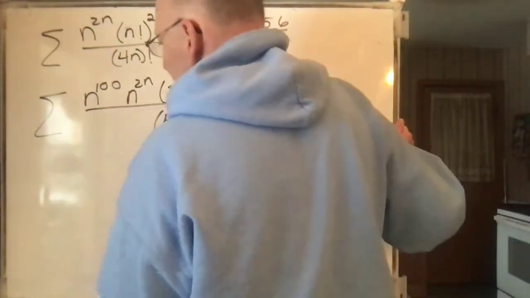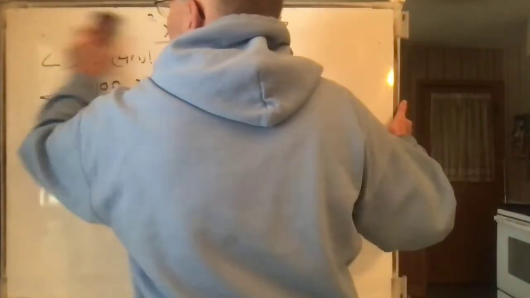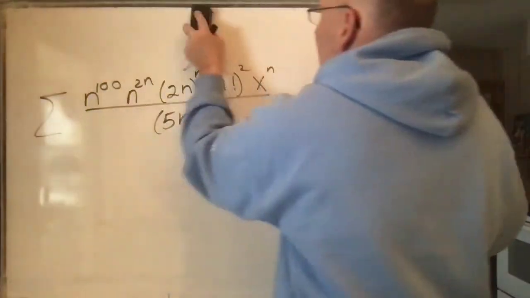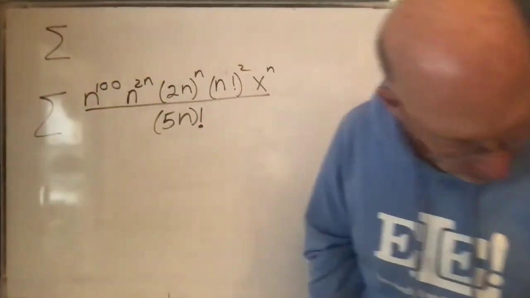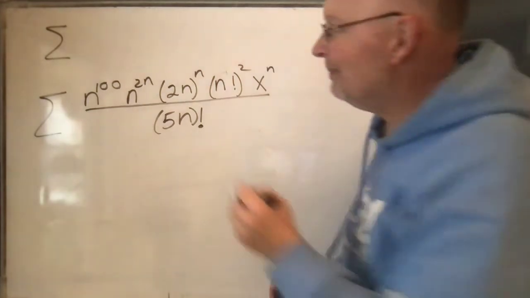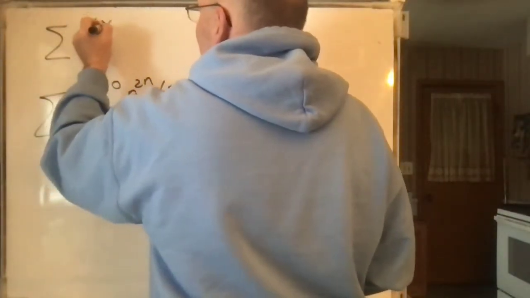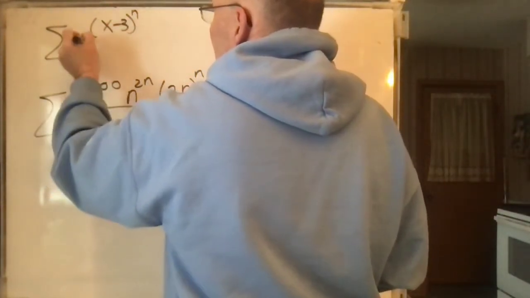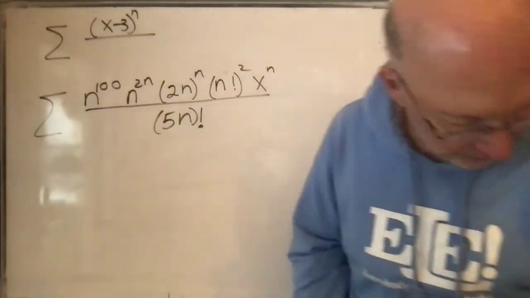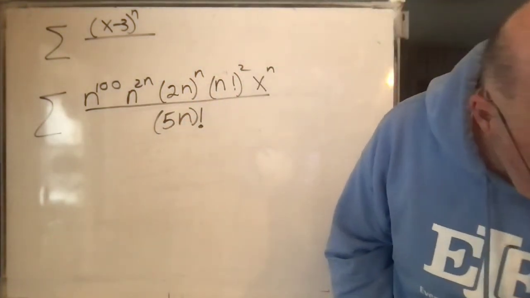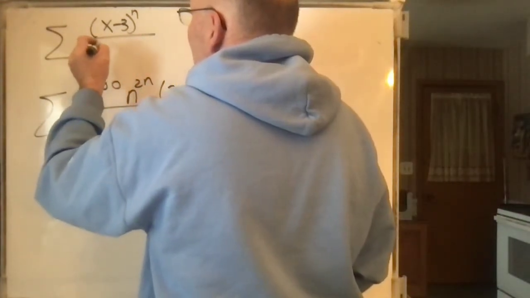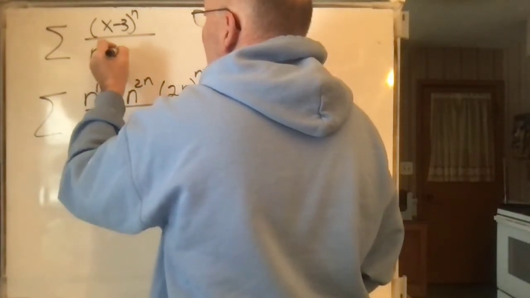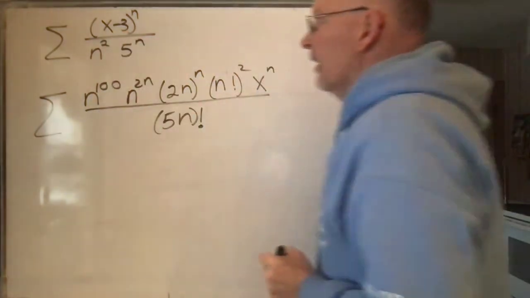Okay? So let me leave that one up here just so you've got it. And look, here's the last one I want to do, just to show you what else you can do here. All our power series have all just been powers of x.